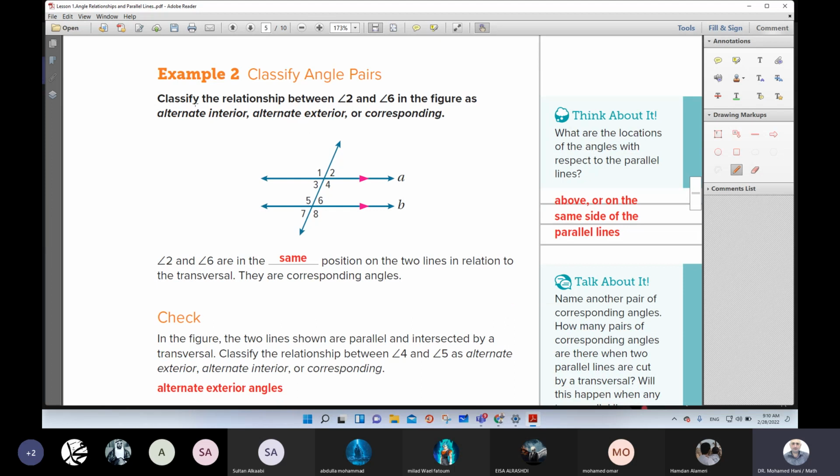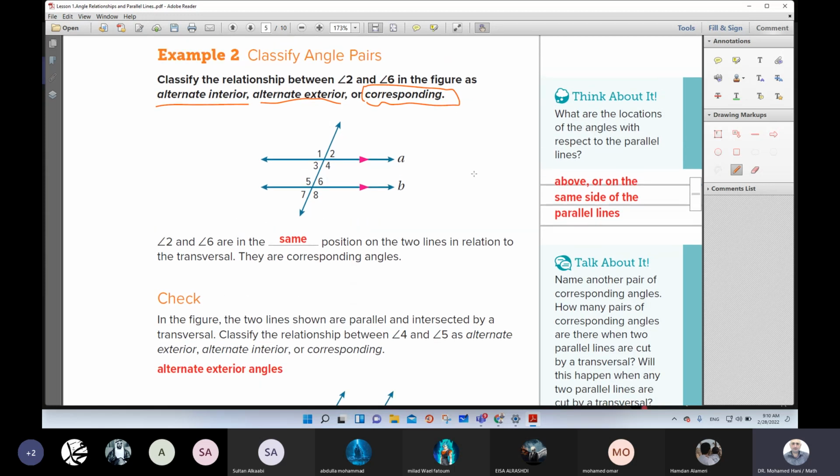The next example, classify the relationship between angle 2 and angle 6 in the figure as alternate interior, alternate exterior, or corresponding. Where are angles 2 and 6? This is 2 and this is 6. What's the type of the two angles here?